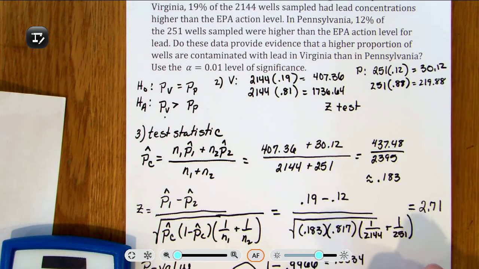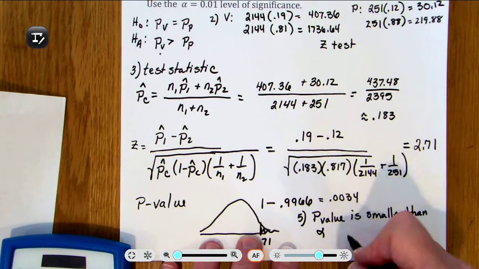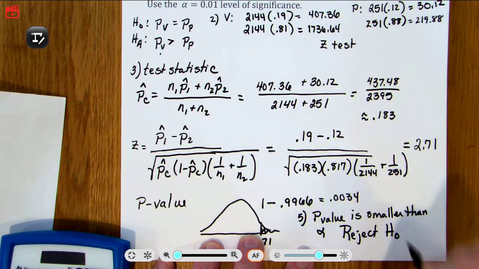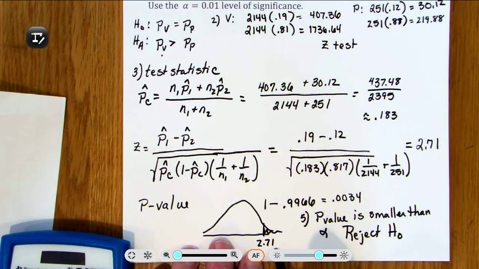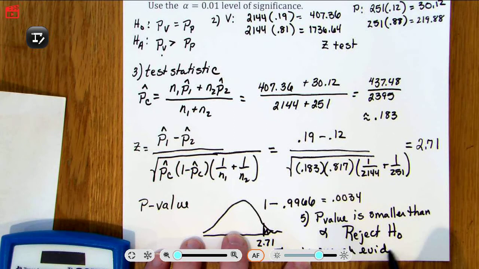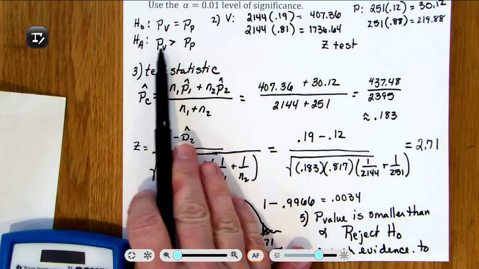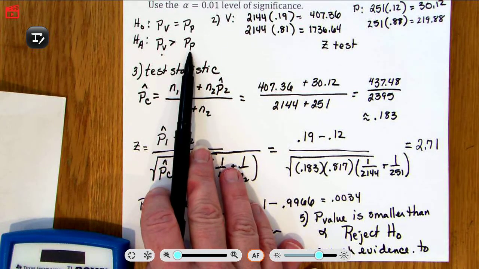The p-value is smaller than the alpha level, which means we are going to reject H naught, which means we will say there is enough evidence, and I'm not going to be able to get it on this piece of paper, to show that the proportion in Vermont is larger than the proportion in Virginia.